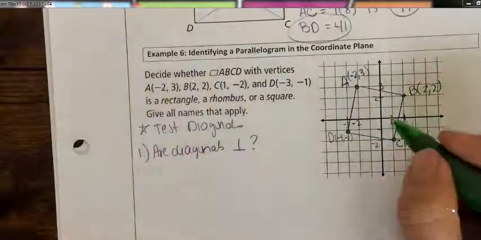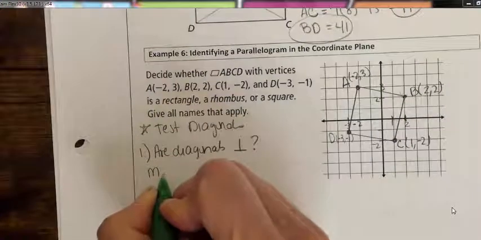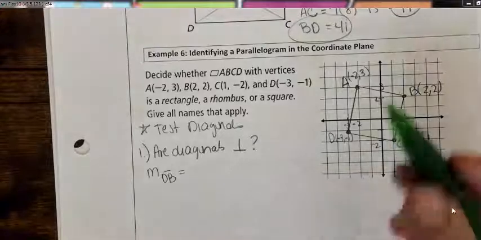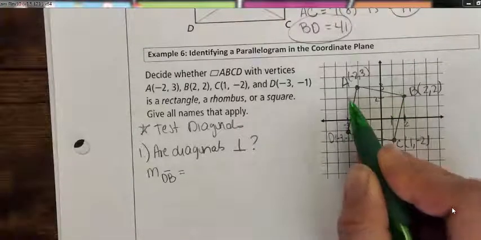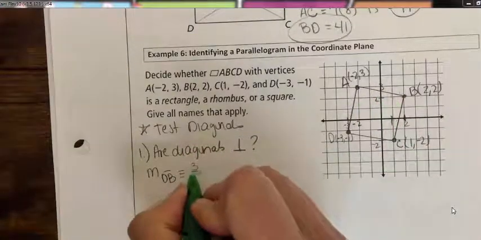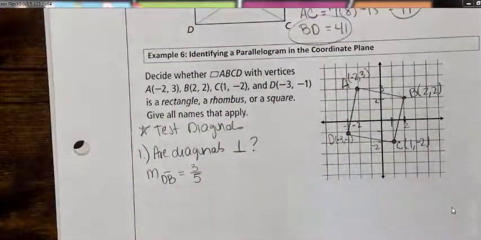Okay, so one of my diagonals is DB. So let's find the slope of diagonal DB. Well, to go from D to B, it looks like I go up 1, 2, 3, and over 1, 2, 3, 4, 5. So that's 3/5. You can also use the slope formula, but since it's already graphed, you might as well count.